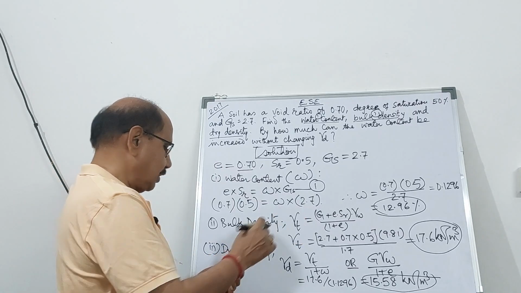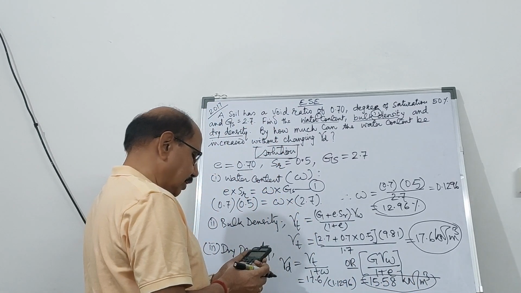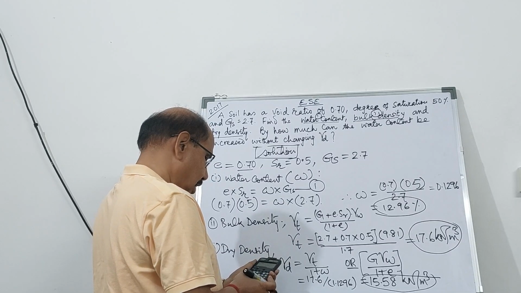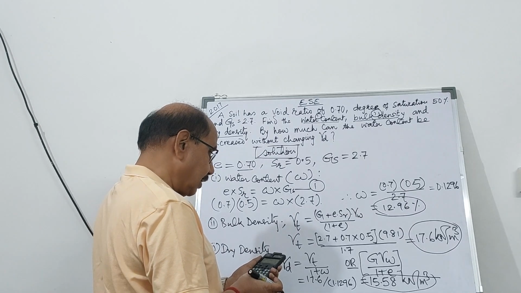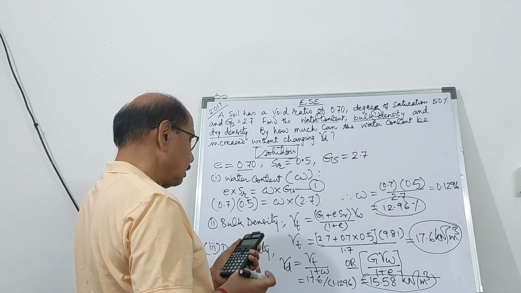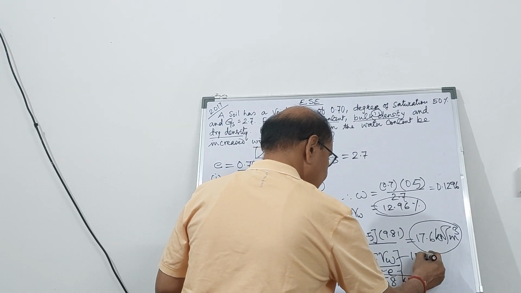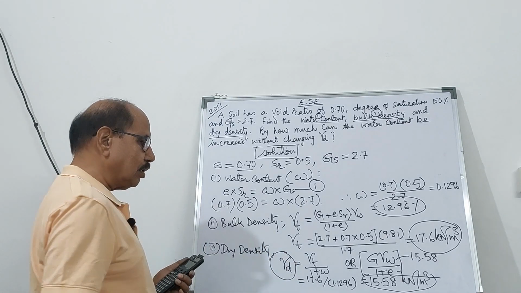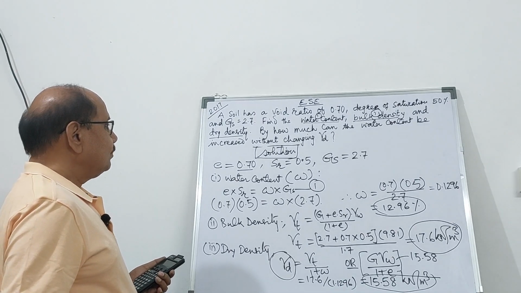Or if you use the other formula, let's calculate it: 2.7 into 9.81 divided by 1.7, you get the same answer, 15.58. So either way you can calculate the value of dry unit weight gamma D.